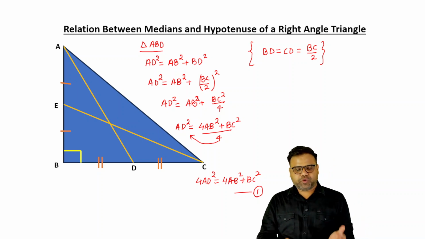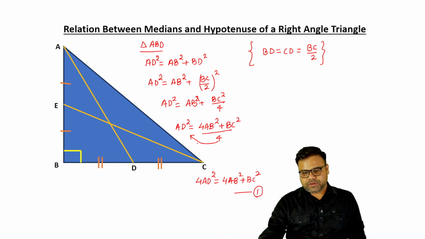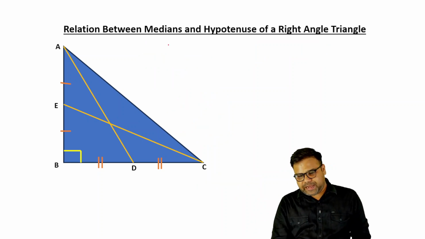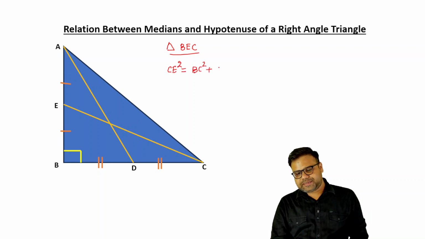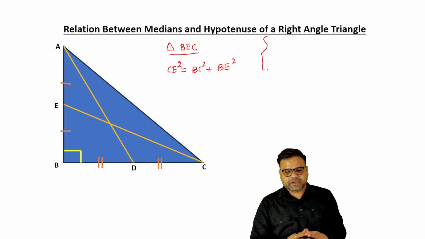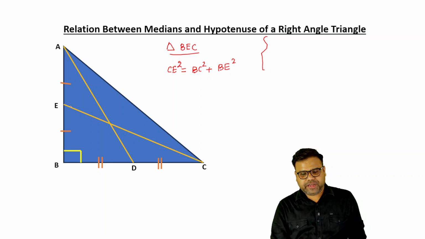The same I am going to do in right angle triangle BEC. If I apply Pythagoras theorem in triangle BEC, I will get CE square is equal to BC square plus BE square. Again, CE is the median, so E will be the midpoint.